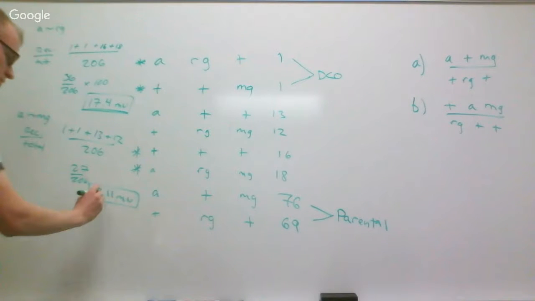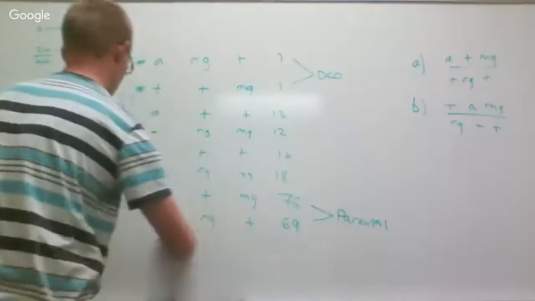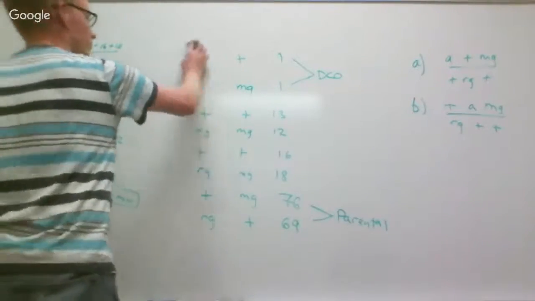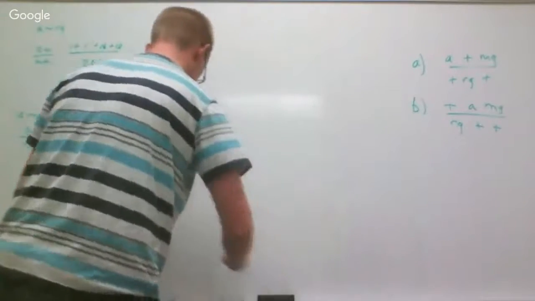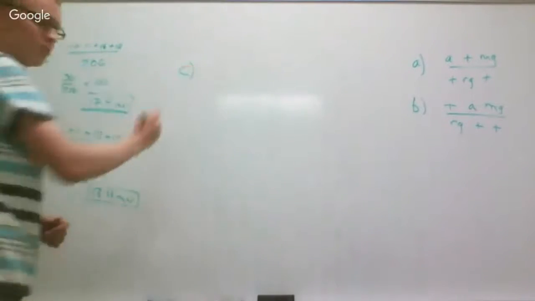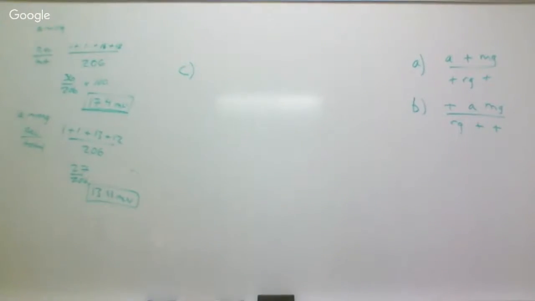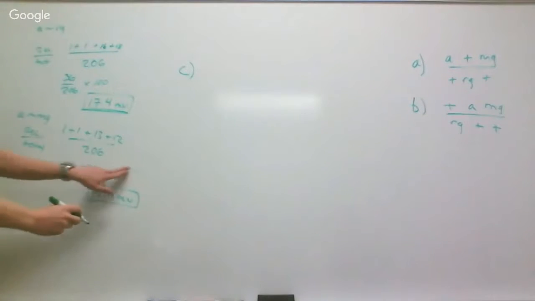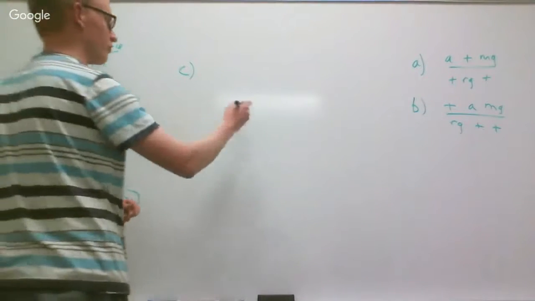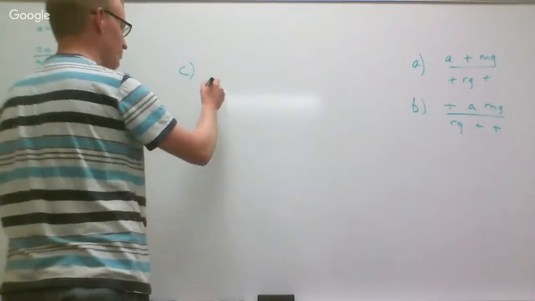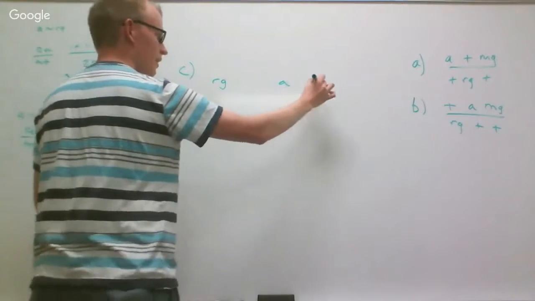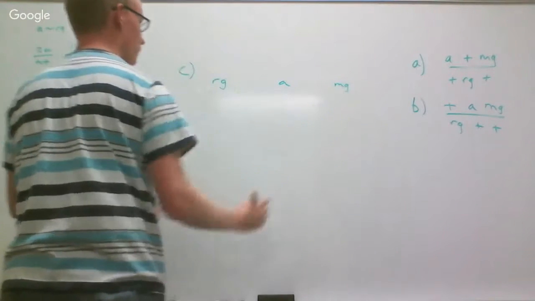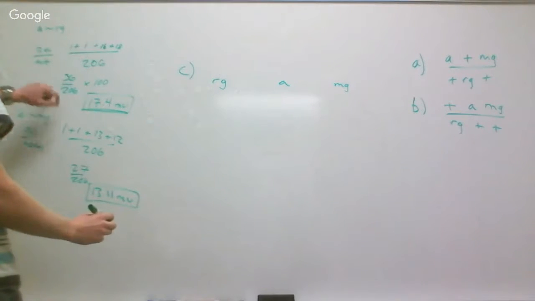Okay, so just to clear up some real estate real quick, we'll insert part C right here for you. So part C is asking us, again, to just construct a linkage map. And with our proper gene order over here, we have to have A in the middle, so let's put RG, A, and then MG, and we just calculated the distances between them.